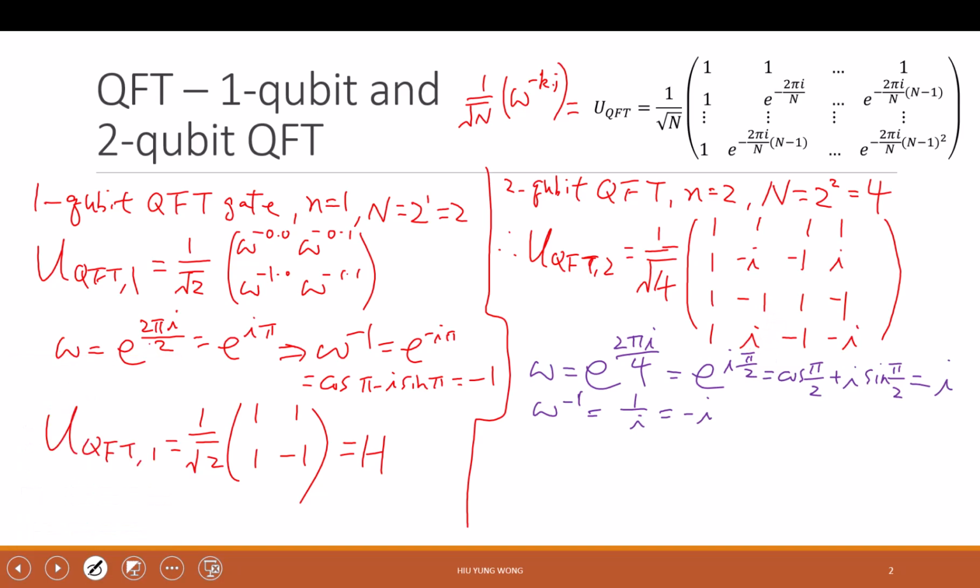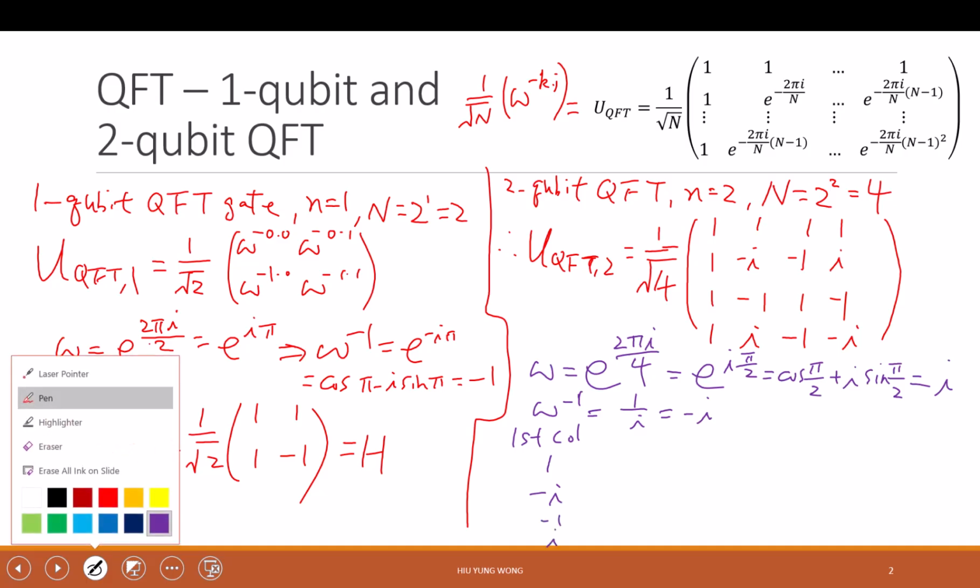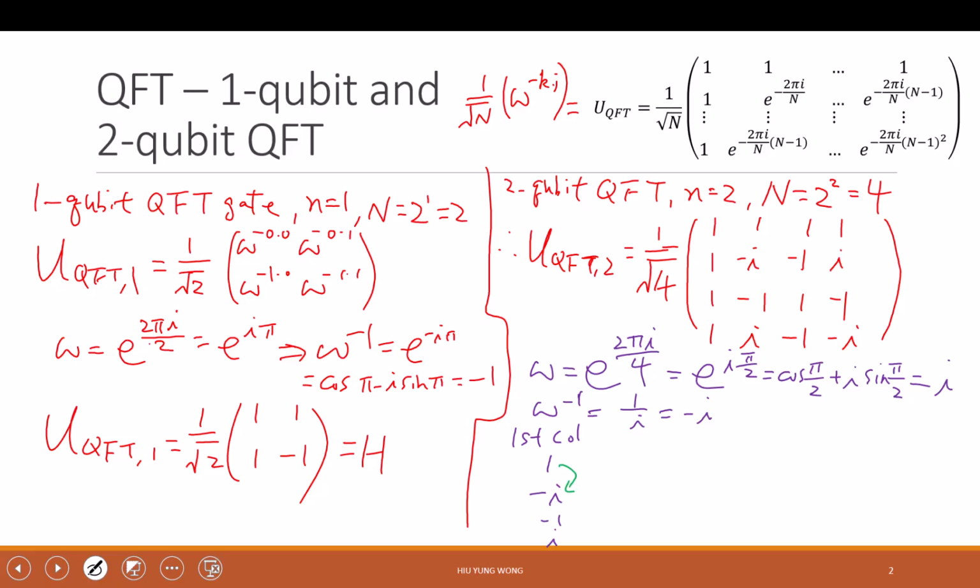So that's why I will have this first column. You have i, 1, negative i, negative 1. You will actually multiply negative i, and then multiply negative i, multiply negative i. That is what you get, right?